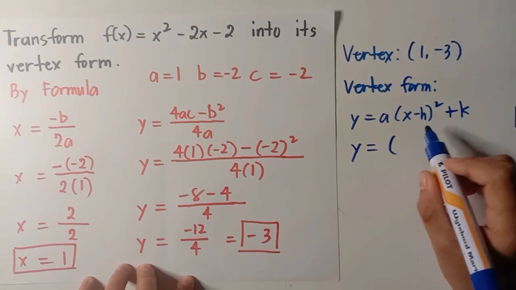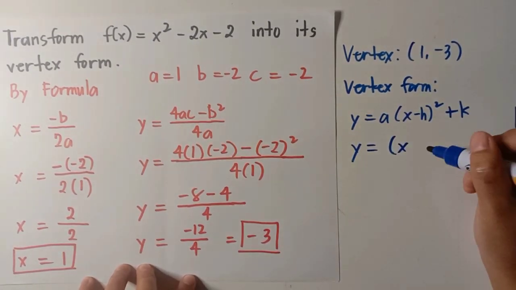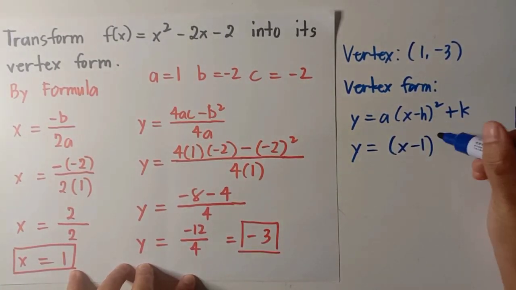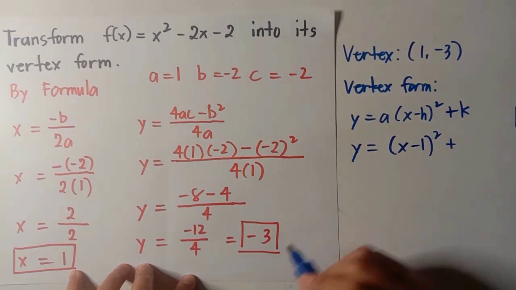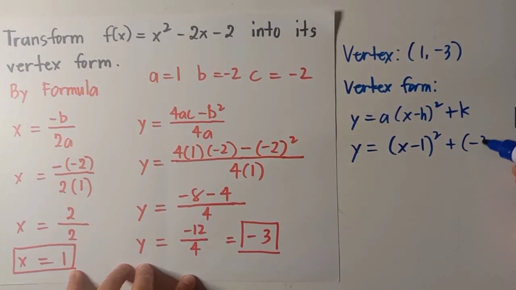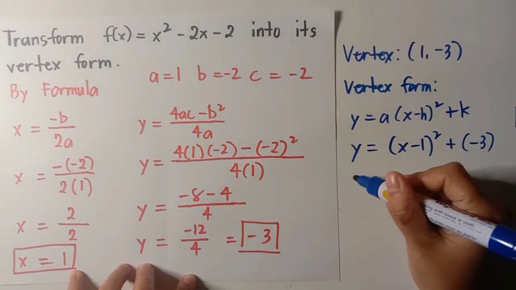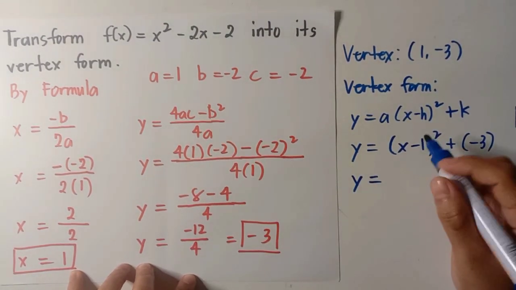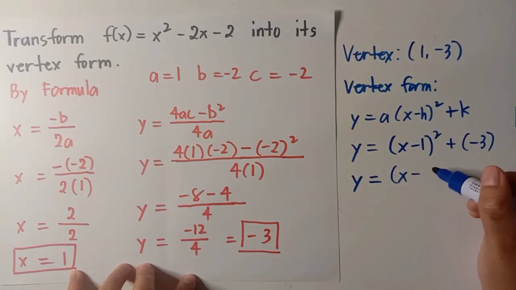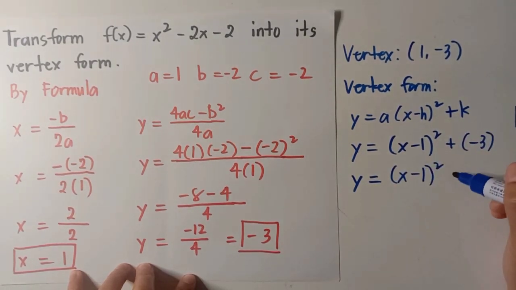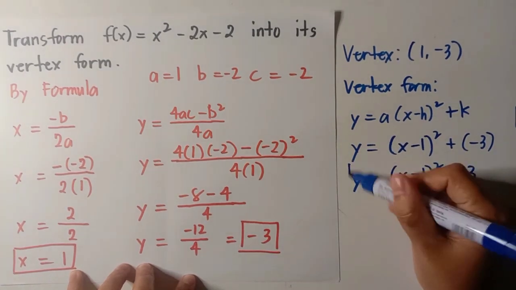And then replace h with 1. For our k, that is negative 3. Therefore, y is equal to the square of x minus 1, positive times negative, that is negative 3.